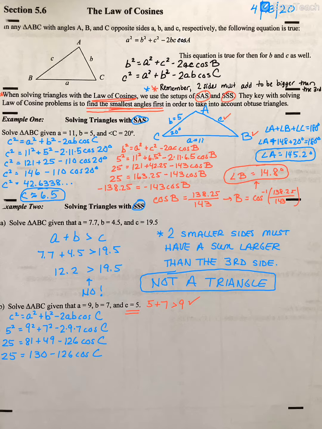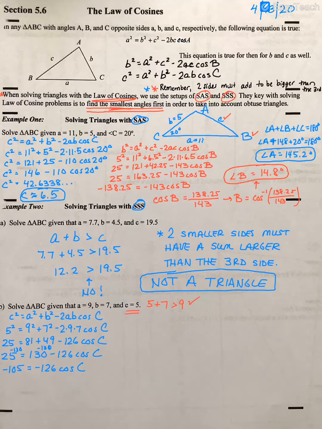So let's work to move the 130 first of all. So I'm going to subtract 130 over to the left. 25 minus 130 is negative 105 equals negative 126 cosine of C.